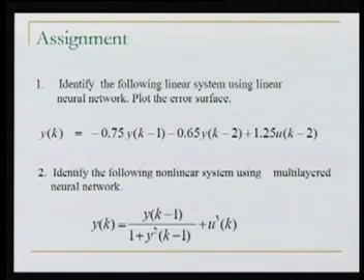You can include one bias input. You generate the data for this using this actual model, taking UK again as a randomly generated number from 0 to 1, and then normalize these values YK and UK between 0 to 1, because your neural network has an activation function whose output is between 0 to 1. So, you have to normalize the output also between 0 to 1, and after that you train.